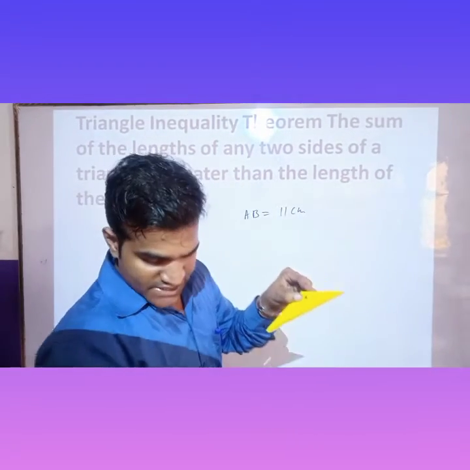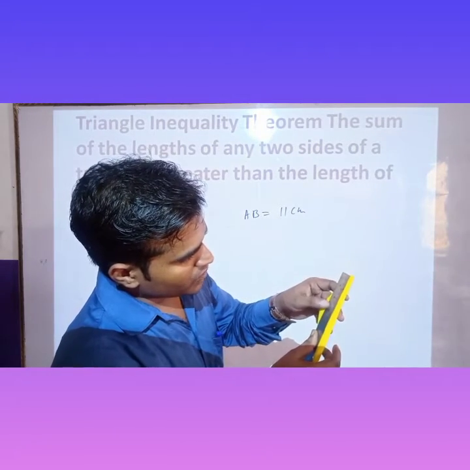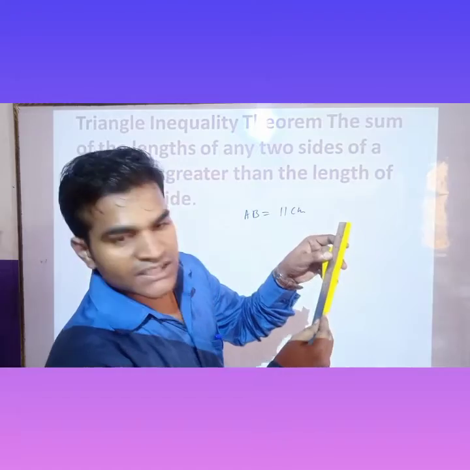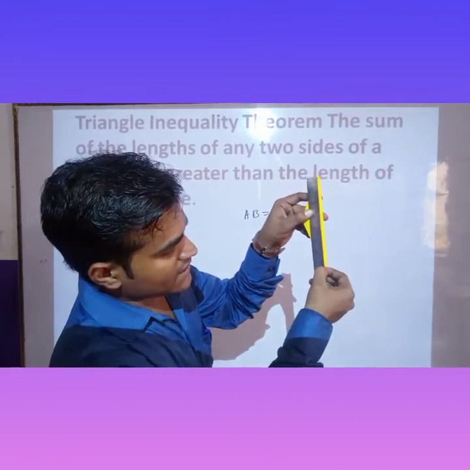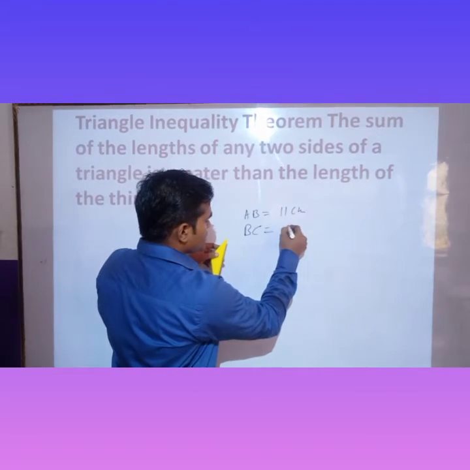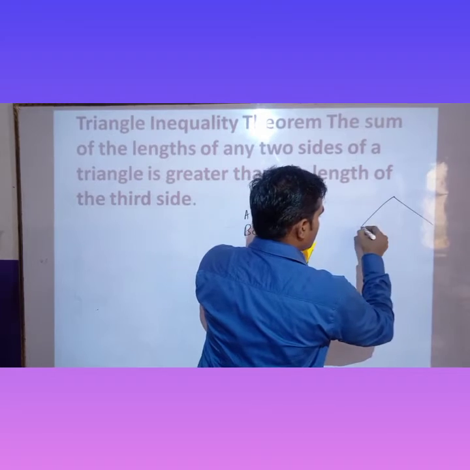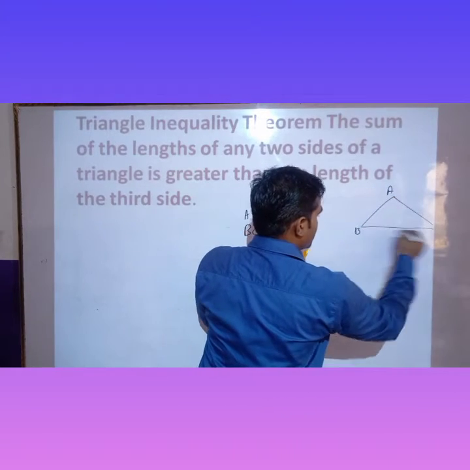Now what is BC? Measure BC. What do you get? That is 18 centimeter. Write there BC is equal to 18 centimeter, and this is the triangle ABC.